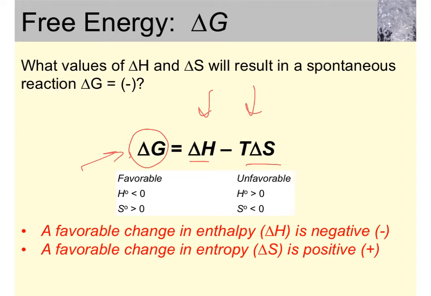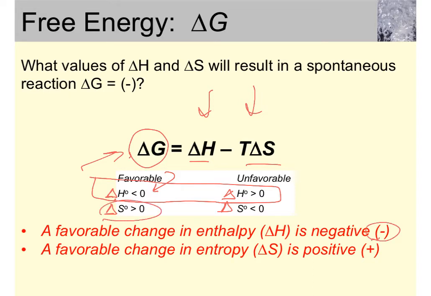All right, so remember that when you're talking about enthalpy, a favorable situation is when the change in enthalpy is negative. And when you're talking about change in entropy, it is favorable when the change in entropy is positive.